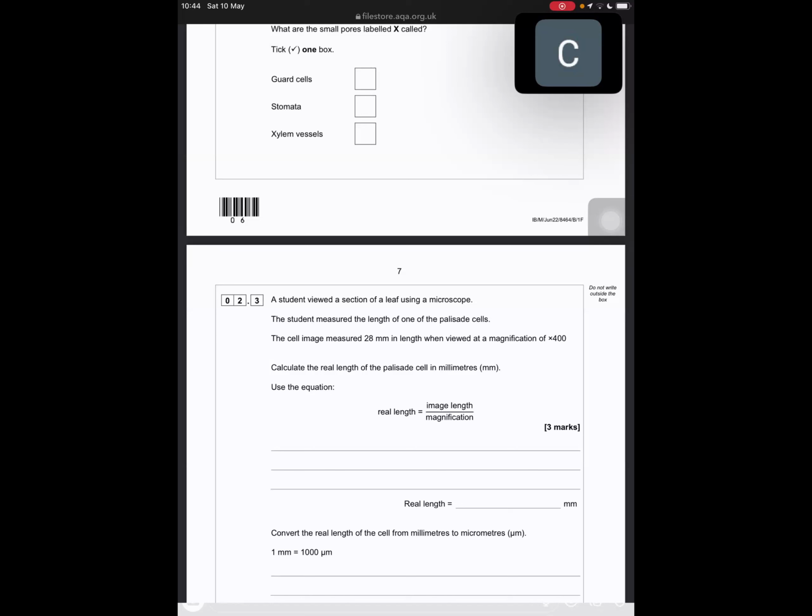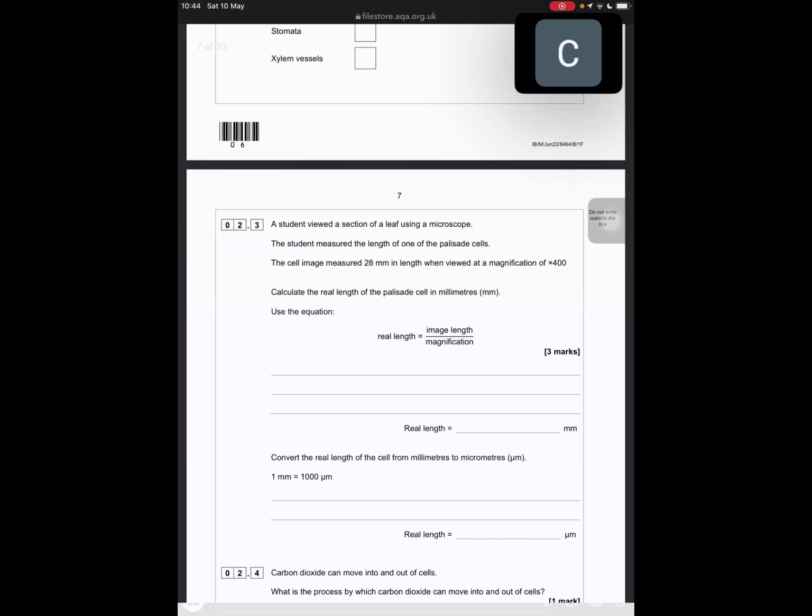Think about it. 28 divided by 400. You can use 4 to break it down, right? So what would you have on top? 4 into 28, that's 7, isn't it? Then 4 into 400, that's 100.